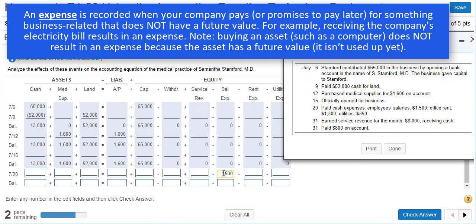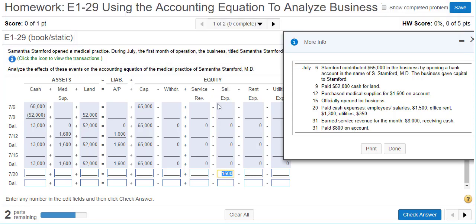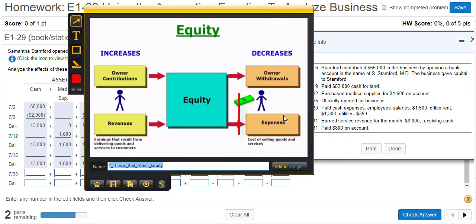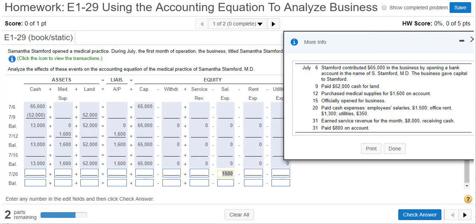Let's back up. So what do I need to put here? Is this going to be a positive or a negative? Now remember, expenses lower, they decrease equity. So that's always going to be a negative. But notice the negative is there for us already.